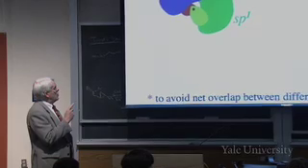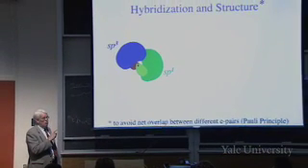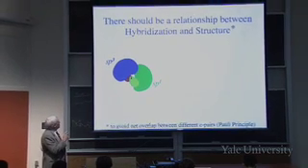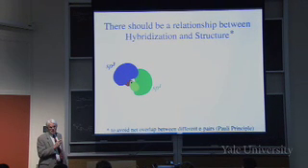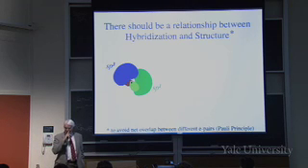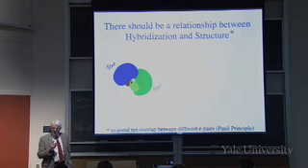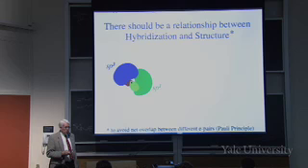But there'll be negative overlap where blue overlaps red or green overlaps yellow. And there'll be some angle at which those things exactly cancel out and you get no net overlap, no overlap integral.